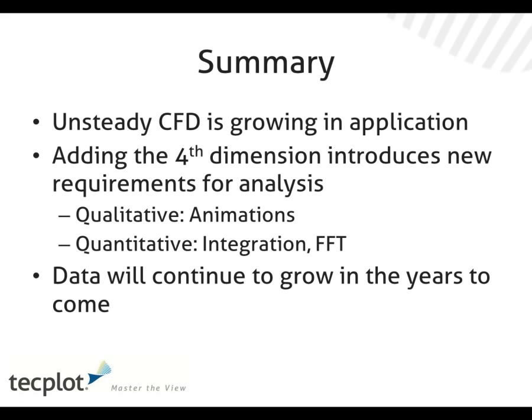Just quickly to summarize, we've talked about why people are moving to unsteady results. We've talked about some of the challenges with the fourth dimension. One of the things that we want to spend time on in the subsequent sessions would be strategies for animation, integration, and FFTs. So that'll be something we'll be talking about in our next session. The other thing that we're just hinting at is the fact that data is going to grow. As someone already pointed out, we're looking at 100 million cells and 1,000 time steps today.